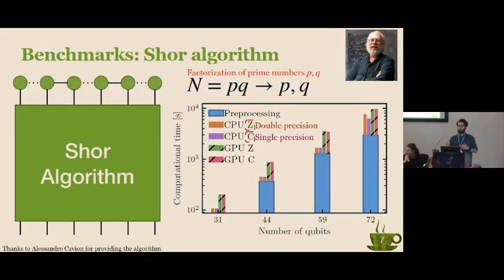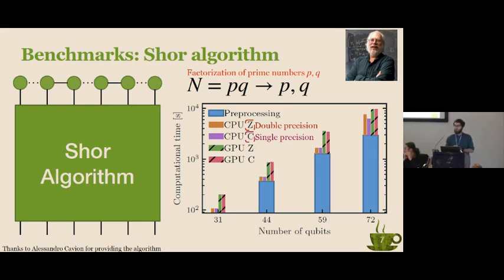Now, just to show a couple of examples, here I show the example of the factorization of some prime numbers. They are not very big, but still it's interesting because the number of qubits we are gonna talk about is up to 72, which is not available with a state vector simulator.